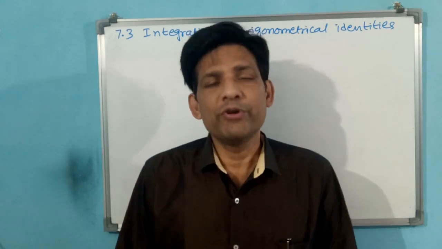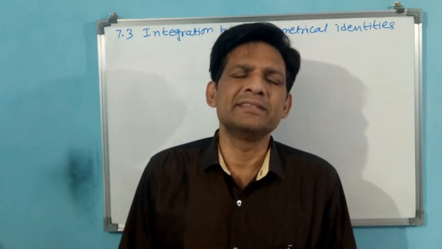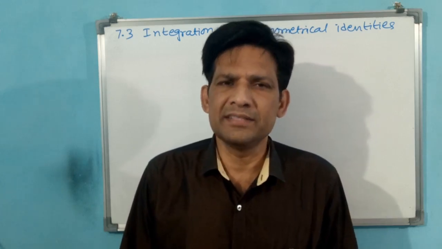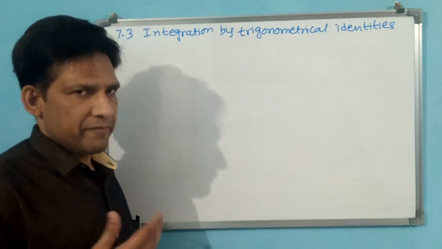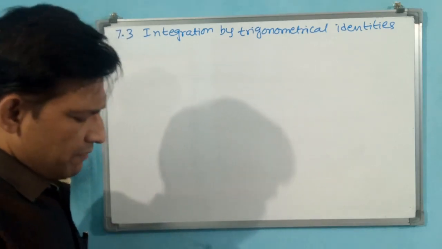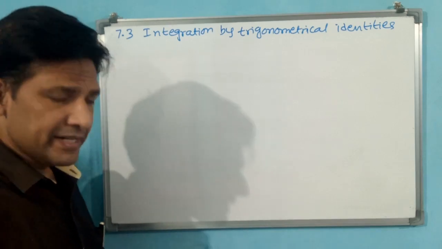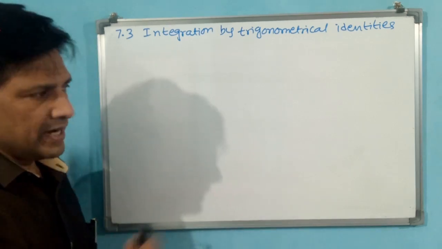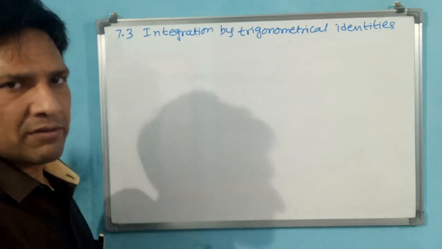Before going to the 7.3 exercise, we will see what trigonometrical identities are. We have already learned these in trigonometry, but we will refresh them and note them down, and then go for the 7.3 exercise.